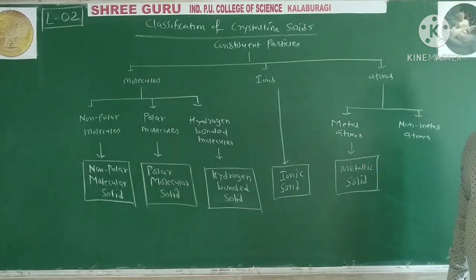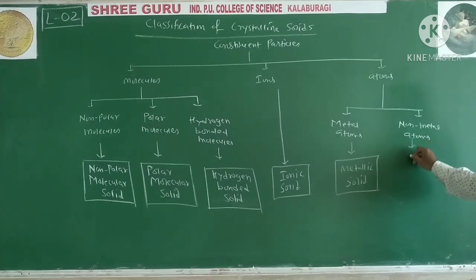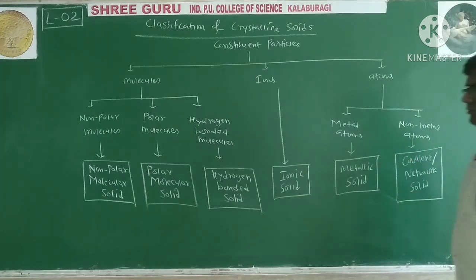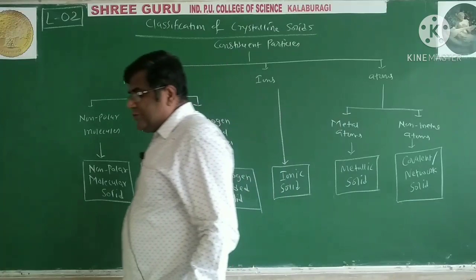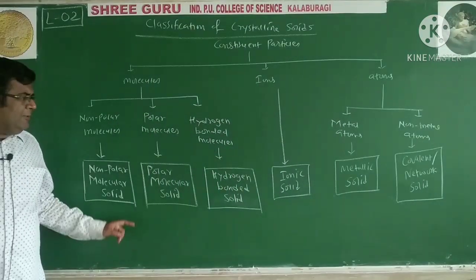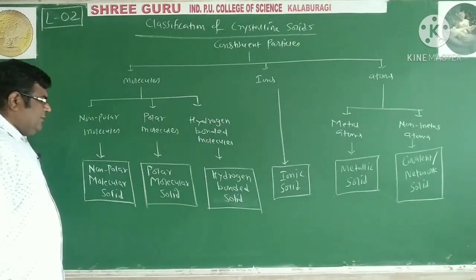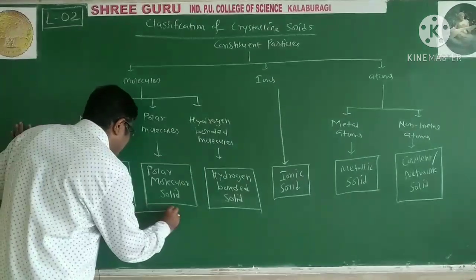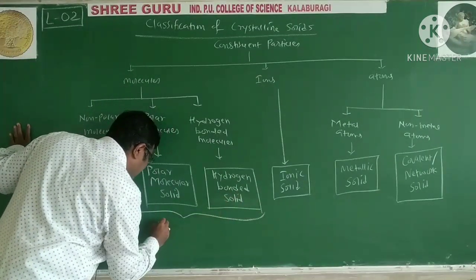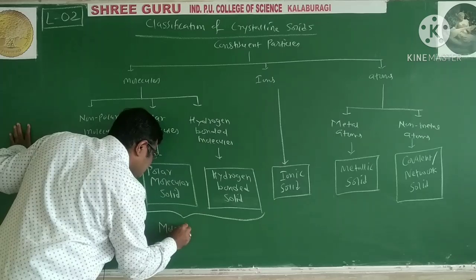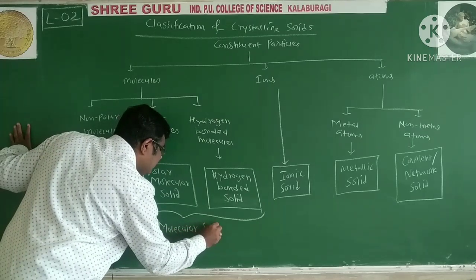And when the constituent particles are non-metals, we call it a covalent or network solid. So non-polar molecular solid, polar molecular solid and hydrogen bonded solid together are called molecular solid.